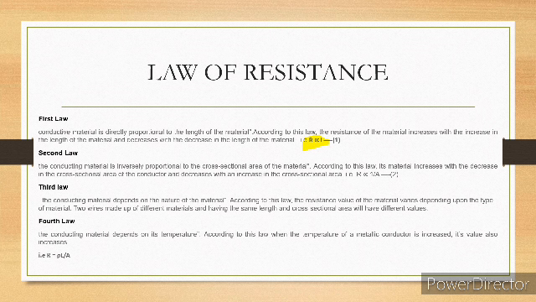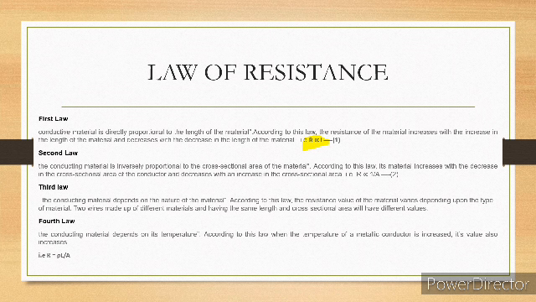So R is inversely proportional to the cross-sectional area, which is denoted by A. R is proportional to 1 by A. According to this law, resistance increases with the decrease in cross-sectional area of the conductor and decreases with increase in cross-sectional area.